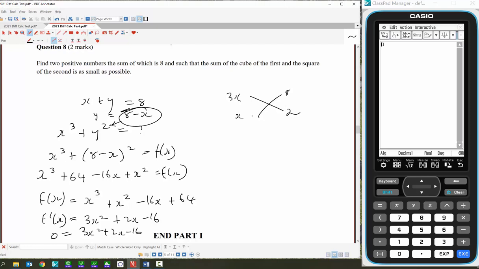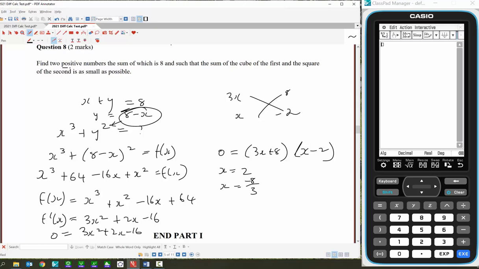6, 8, and we want positive 2. So we need that. So 0 equals 3x plus 8, x equals negative 8 on 3.